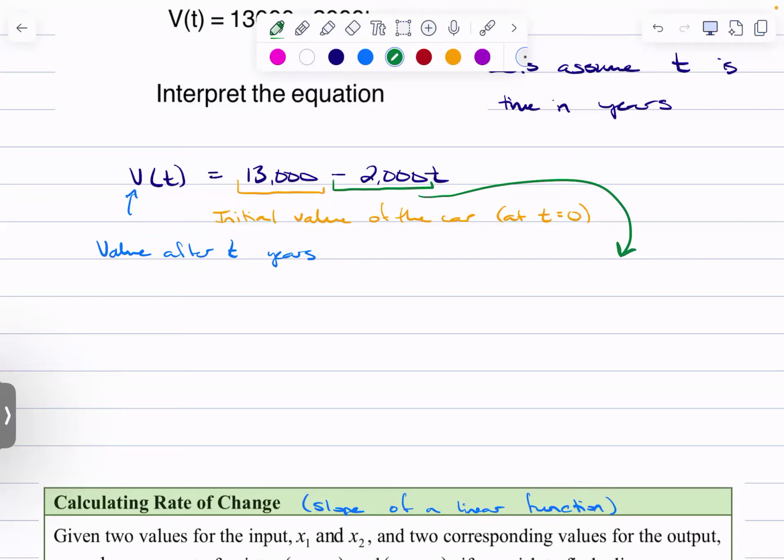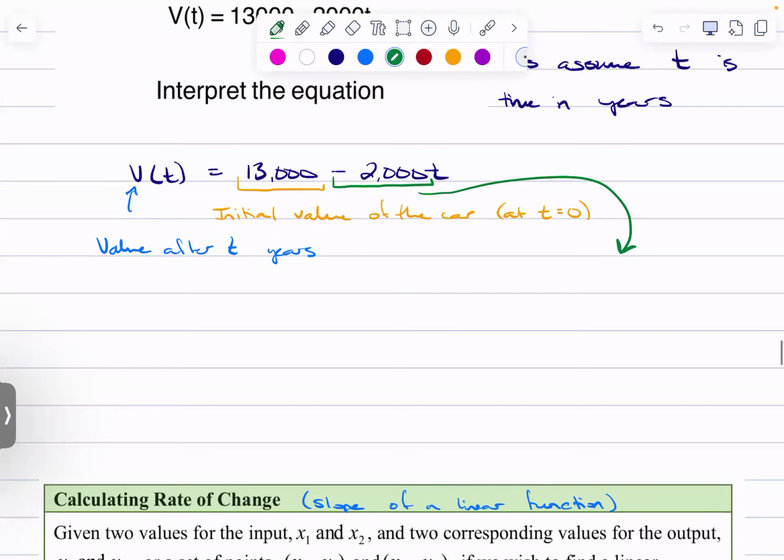For each additional year, t, I subtract $2,000. So for each year, t, we subtract $2,000 from the value, from the initial value, I should say.